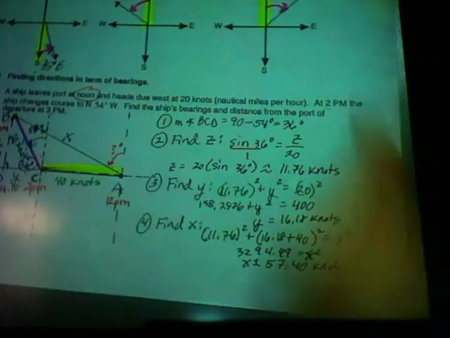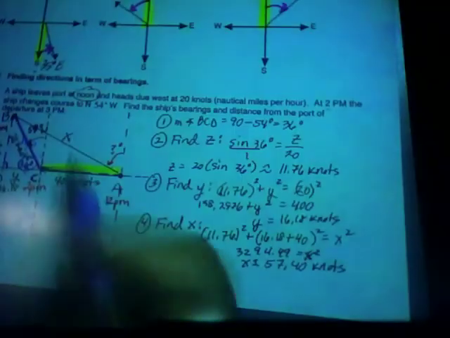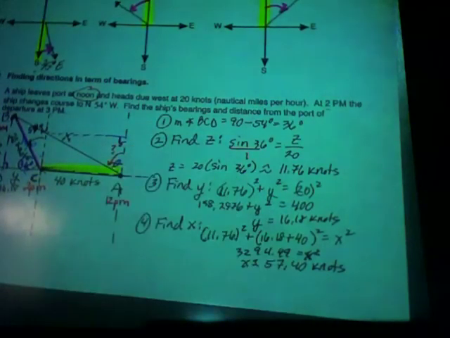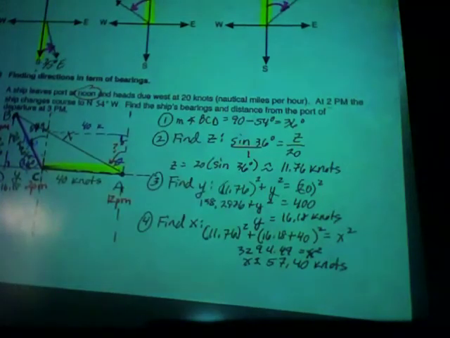Well, here's the deal. Can I make another triangle? I'm sure you can. Wouldn't this be my theta? Right? Wouldn't that be my theta? Isn't this 40 knots right here? What's this distance from here to here? Oh, oops, wait.